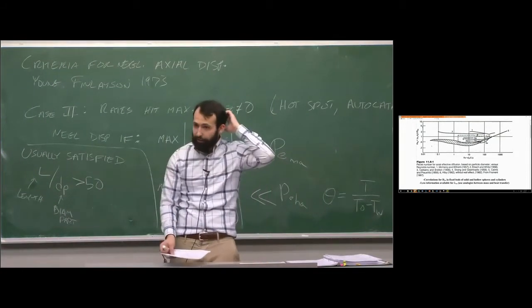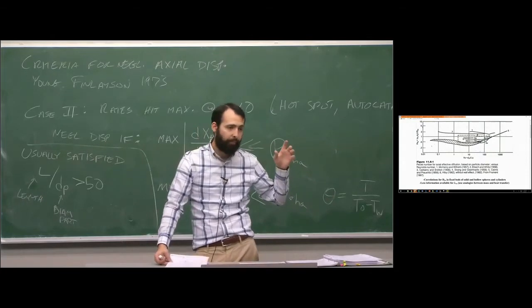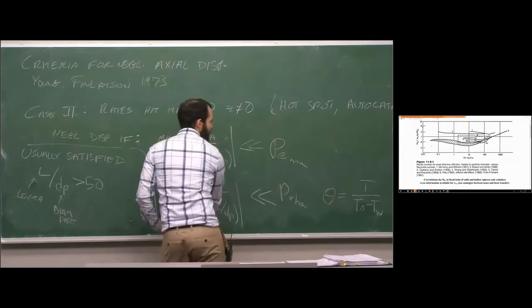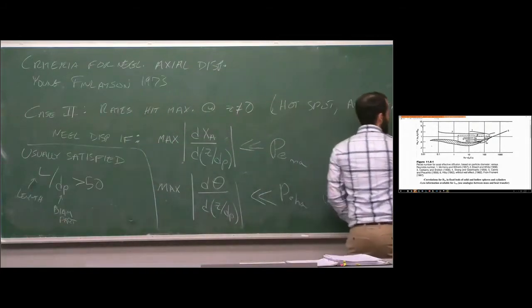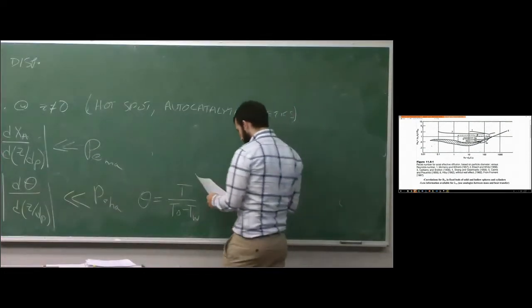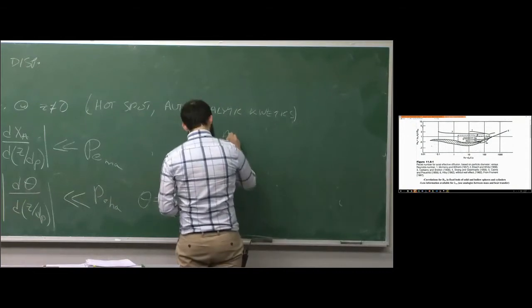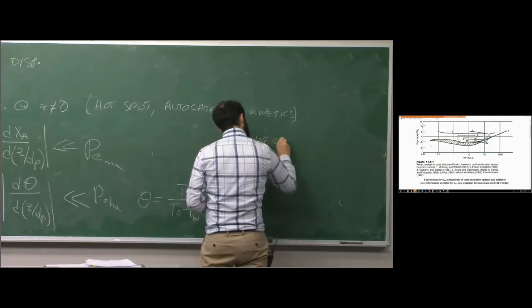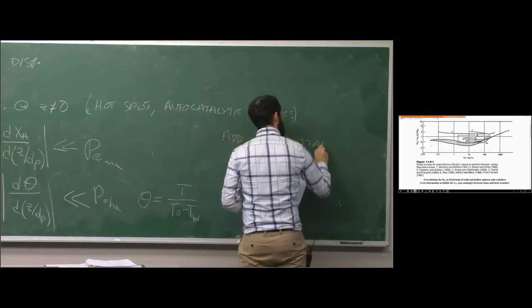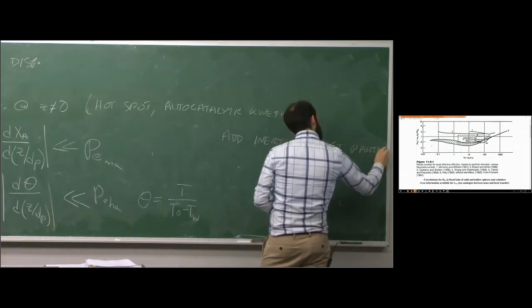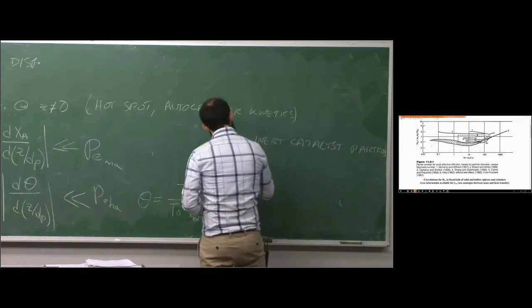Aside from changing things like flow rate, one common way to avoid axial dispersion, and this is something that we do in academic settings quite often, is you add inert catalyst particles to the bed.